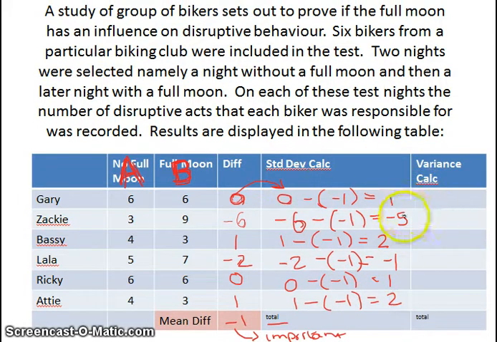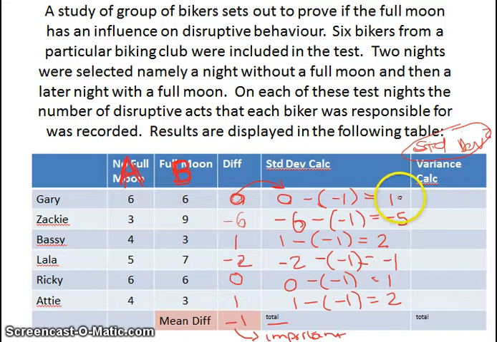So once I've done that, I then go on to do the variance calculation. Now we remember that the relationship between standard deviation and variance is standard deviation squared. So variance is standard deviation squared. And that is something that as stat students we know off by heart.